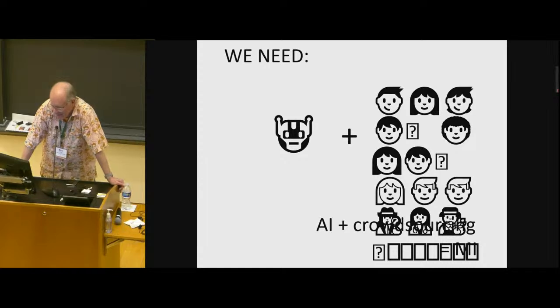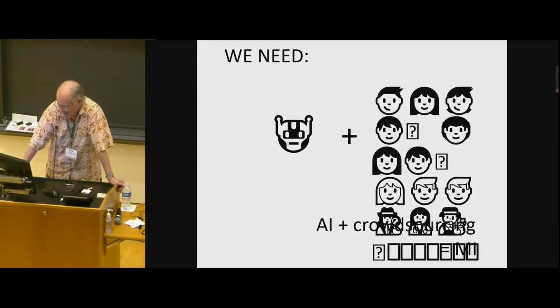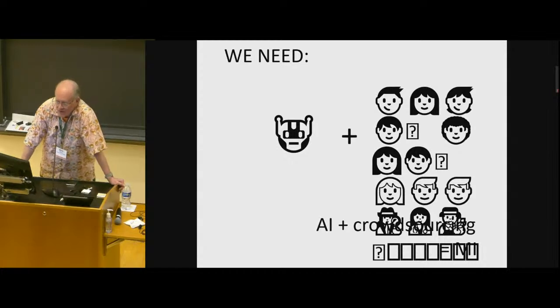All right. So AI plus crowdsourcing is the way I think we need to go. Anyway, this font is terrible. Yeah, so I call this MI, or multiple intelligence.